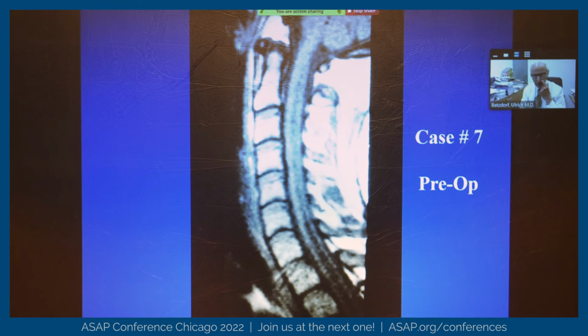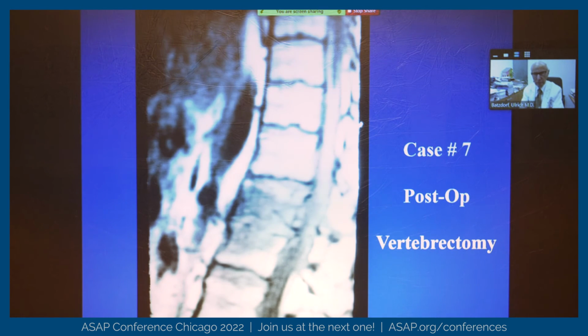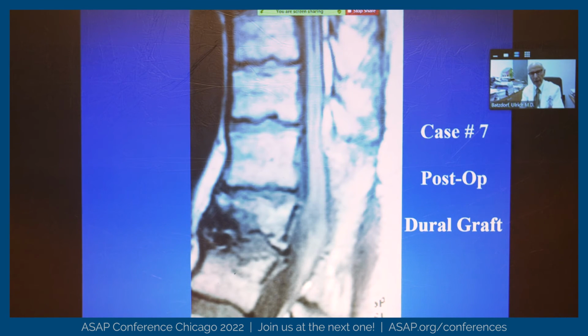Even extends into the lower cervical region. Next. And here, after removing the obstruction, you can still see a remnant, but the syrinx cavity is much smaller. It's partially collapsed. Next. And even in the upper region, with a dural graft, it is partially collapsed.